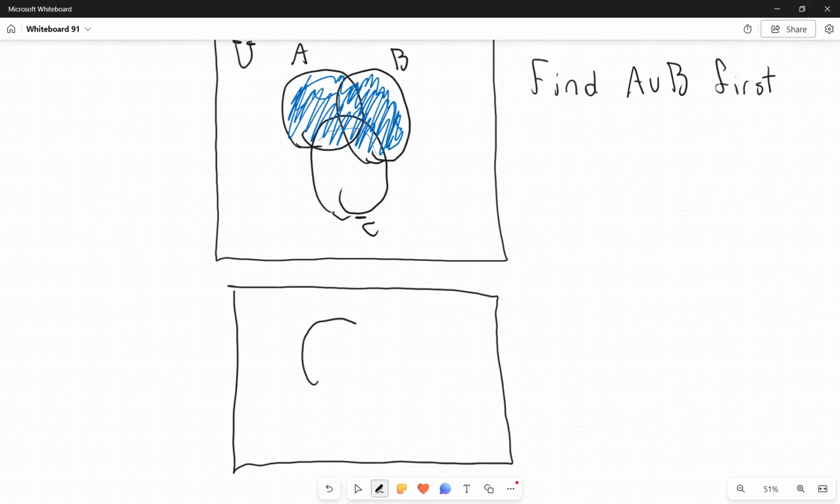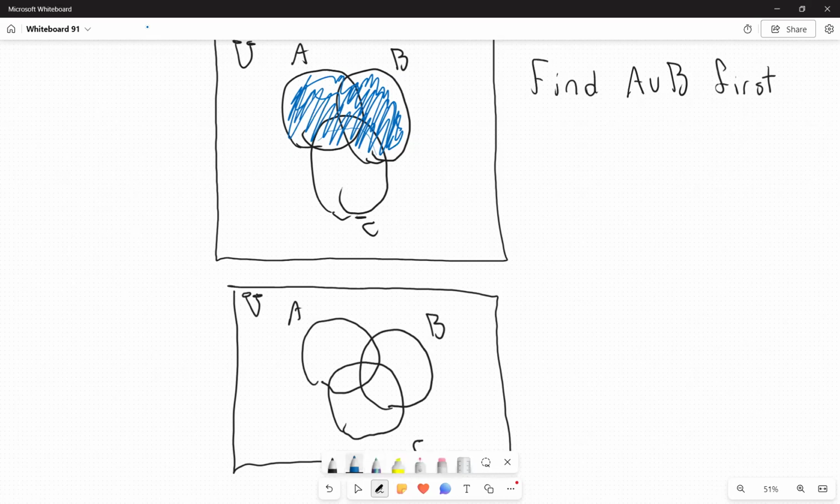So we had sets A, B, and C. And the part from A union B that doesn't contain C is going to be only this part. So this is A union B minus C.